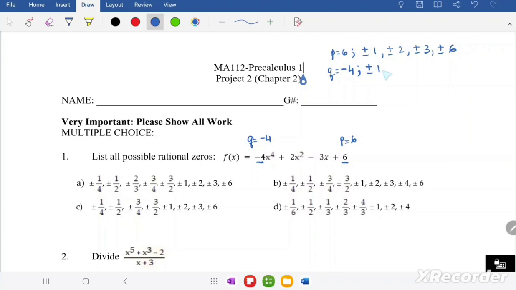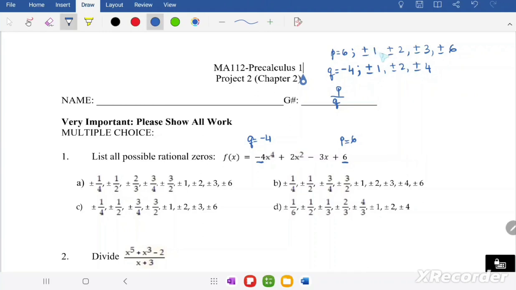So plus minus 1, plus minus 2, plus minus 4. These are the factors of Q, -4. Now we have to form ratios of P over Q using all these values. So that means plus minus 1 over plus minus 1, plus minus 2 over plus minus 2, plus minus 3 over plus minus 1, and so on.